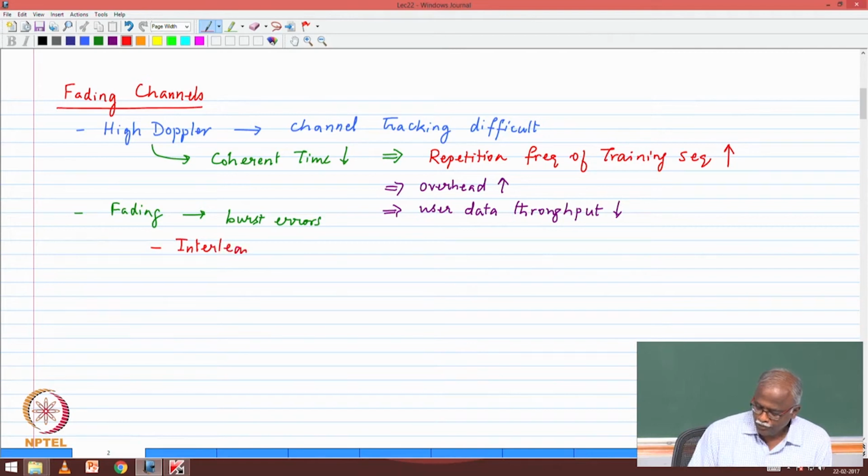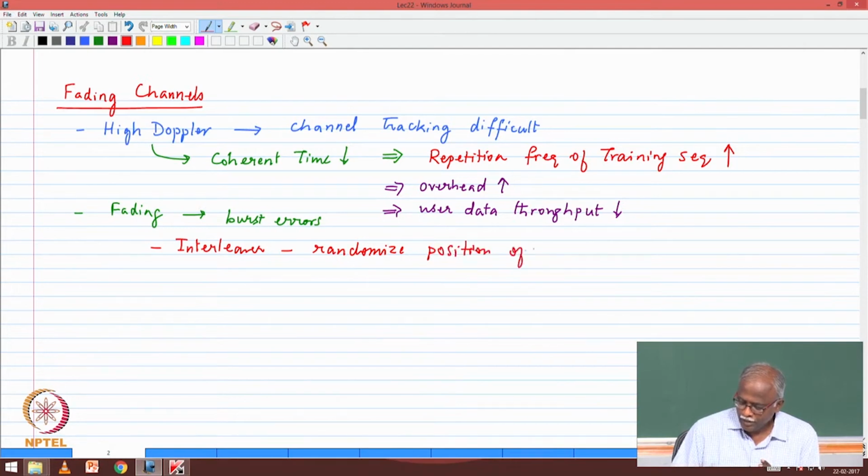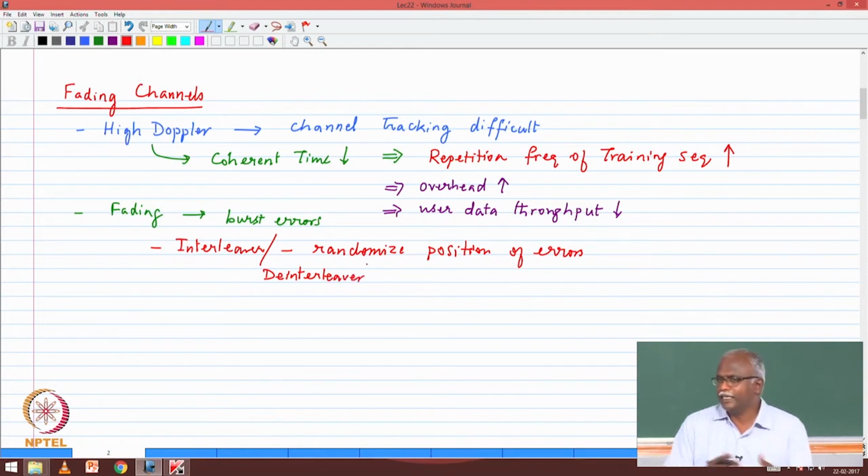So the notion of interleaver is to randomize the position of the errors. What in the channel occurs as consecutive errors will be in random positions when it goes into the decoder, because of the de-interleaver. So basically this is an interleaver coupled with a de-interleaver. Only then you will get the randomization. We didn't talk about the de-interleaver, but basically it's the reverse operation.